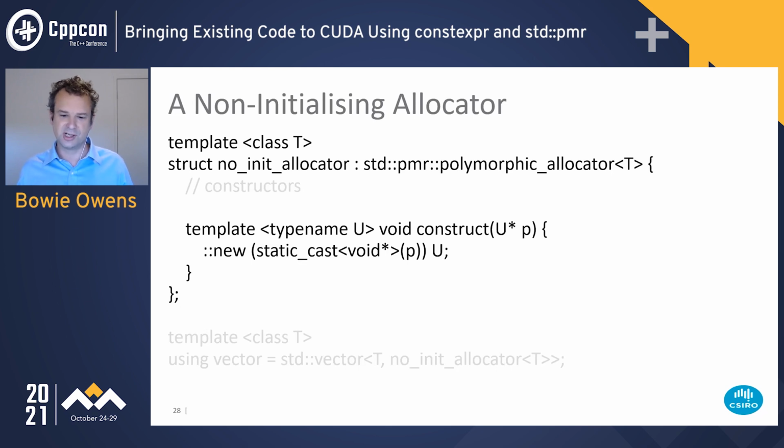But what we do is we replace the construct function with one of our own that will use the placement new operator, but without any additional arguments. So this is going to default initialize primitive types and therefore not write to them during their initialization. Okay.